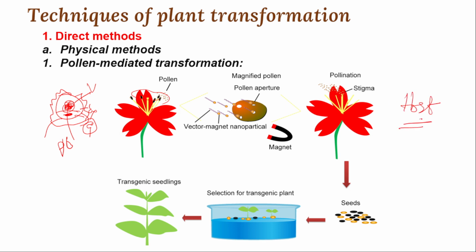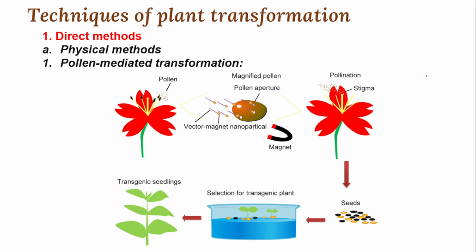With hand pollination using the genetically modified pollen grain, we can get the desired trait of the plant.